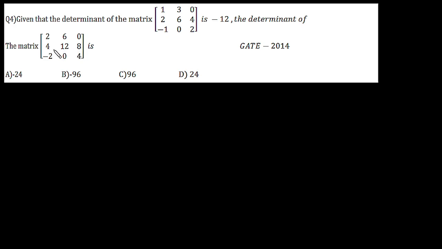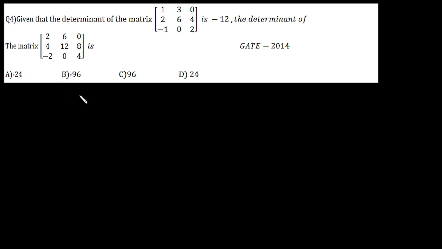This row is also twice as large, because here we have 2, so here we have 4, here we have 6, so here we have 12, and here we have 4, so here the entry is 8. So again this row is 2 times the second row. Now look at the third row, which is the last one. Again the values are twice as large as in this one, so the third row is also multiplied by 2.